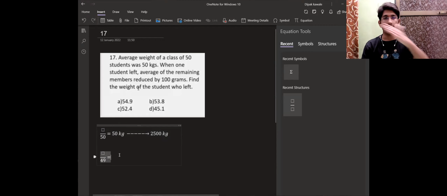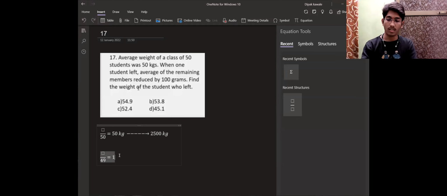So 100 divided by 1000. Okay, so 1 kg means 1000 grams. So if we divide with 1000, it will be 0.1. Okay, so 50 minus 0.1 is nothing but 49.9 kgs. This is the average of 49 students' weight.